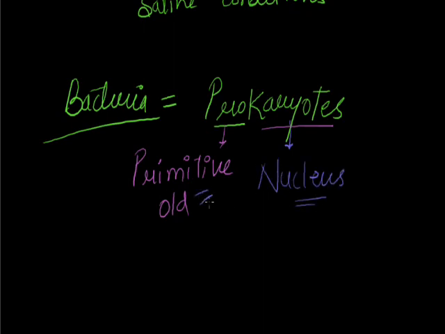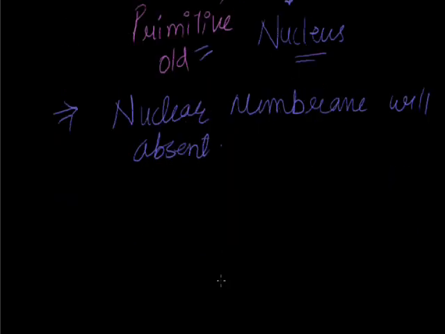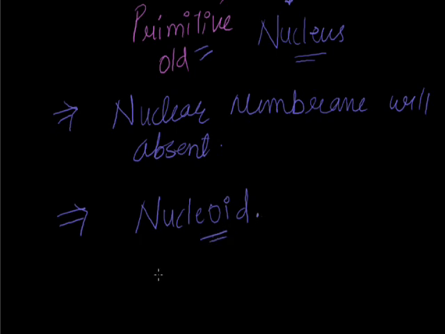So a primitive nucleus is present in bacteria, meaning the nuclear membrane is absent. The nucleus of bacteria is called the nucleoid.